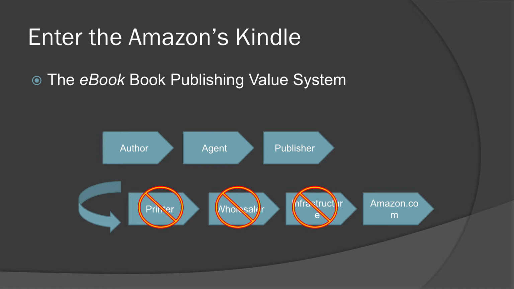And if you think about it, this is the point where Amazon can really put the screws to Macmillan. It is a direct relationship between the publisher and the seller, the retailer. And so if Macmillan wanted to be represented in the Amazon ebook marketplace, it had to make concessions.